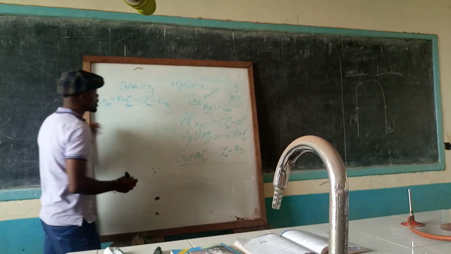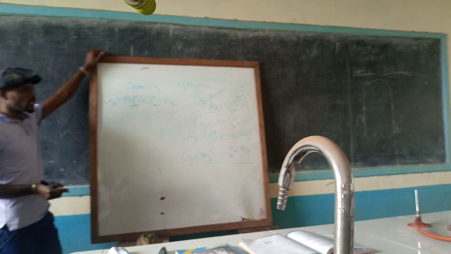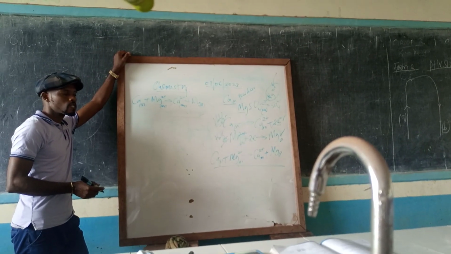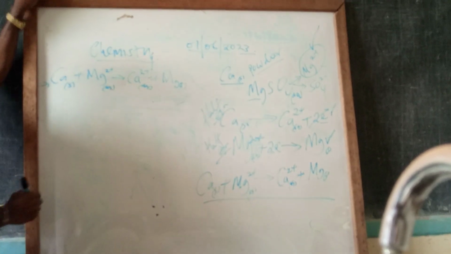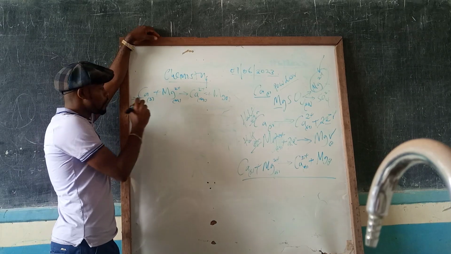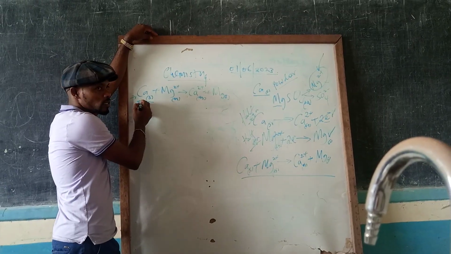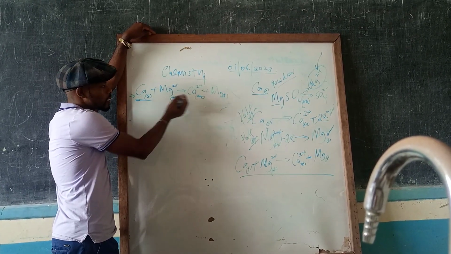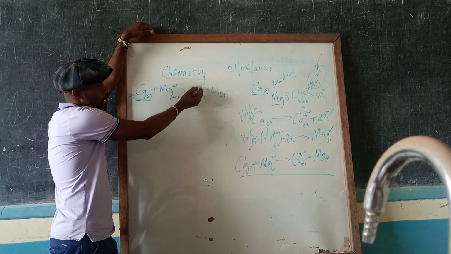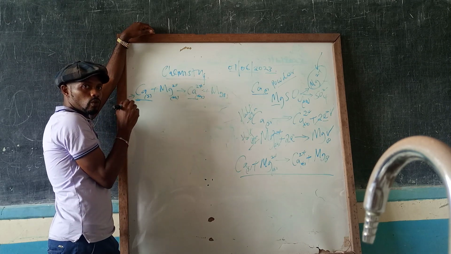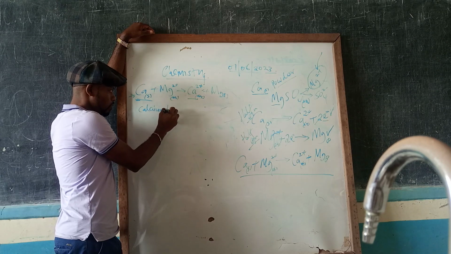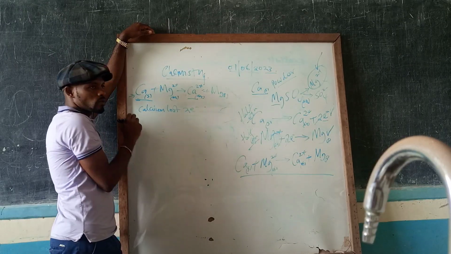Okay, let's continue now. We want to identify the oxidizing agent and the reducing agent. So, for example, in this overall equation, you can see calcium on the reactant side existing as a metal, and on the other side as an ion, which means calcium has already lost 2 electrons.